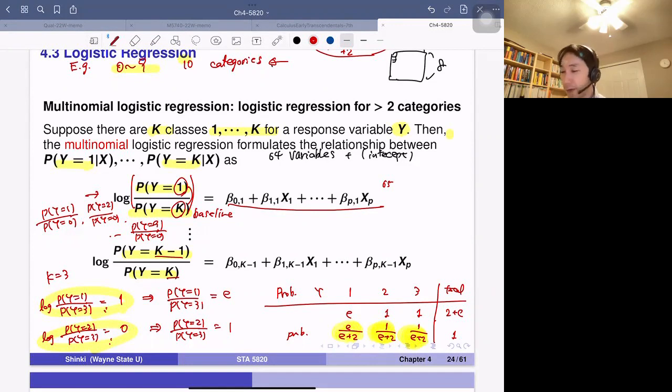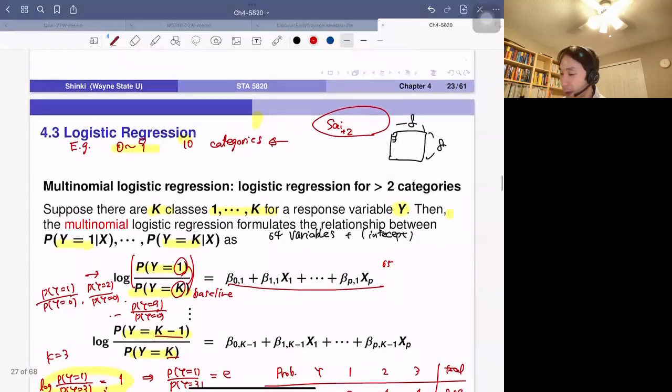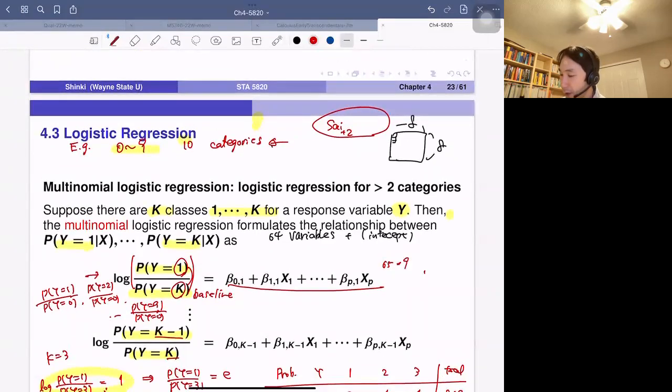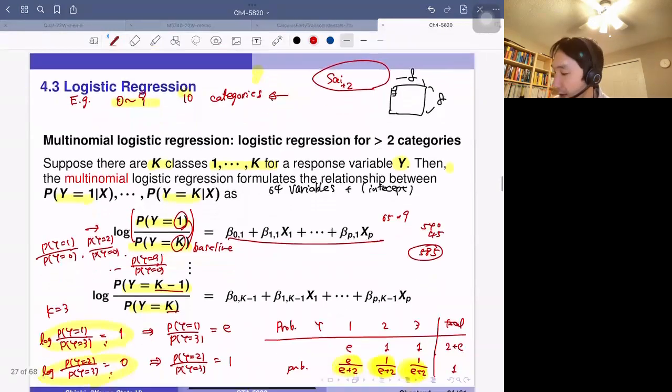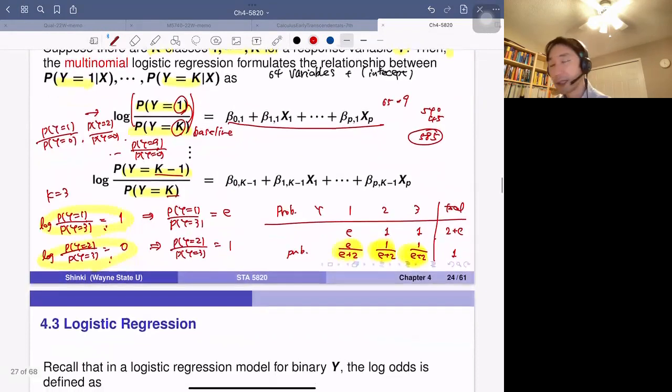But if we only have a very small number of observations, for example even 1,000, we may have trouble estimating parameters because we have 65 times 9, so 585 parameters, right? So at least we need like 2,000, 3,000 observations. Possibly we need more.